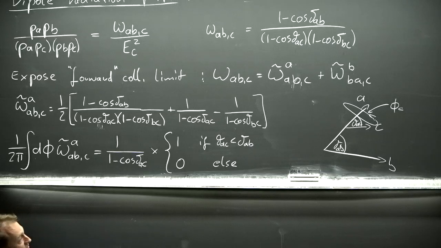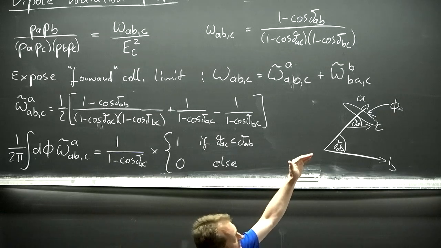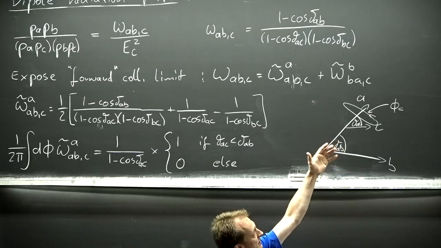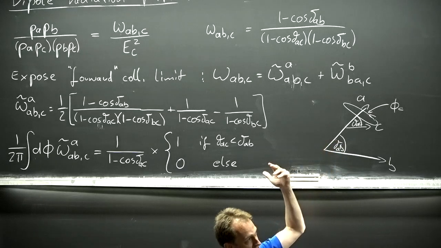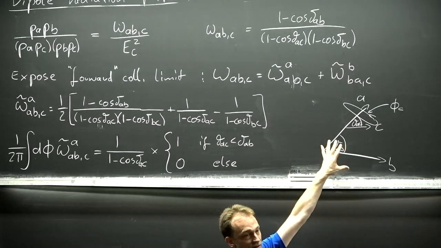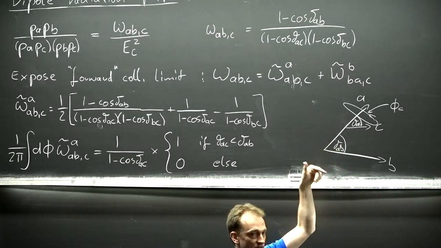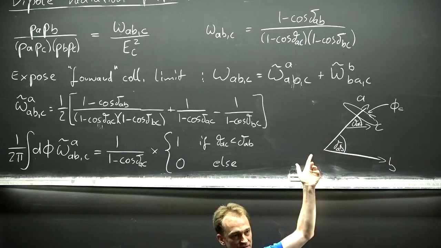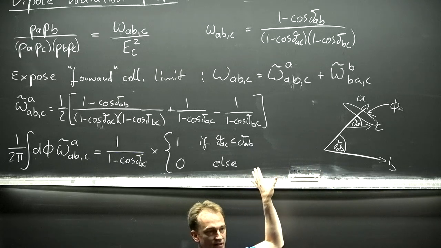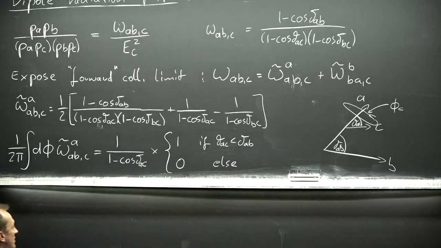And it has to do with the fact that if I emit a gauge field quantum here, it has to have sufficiently small transverse wavelength to actually peek inside this emitting dipole and resolve the individual charges. Questions on that? Okay.